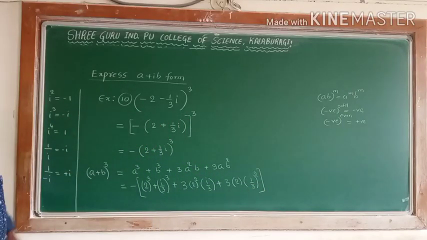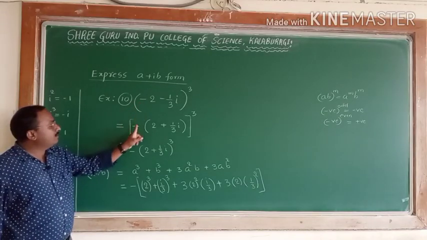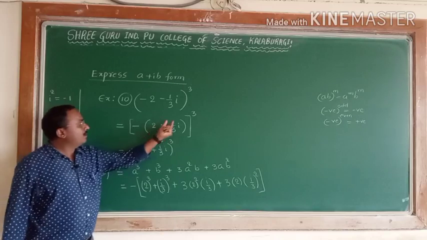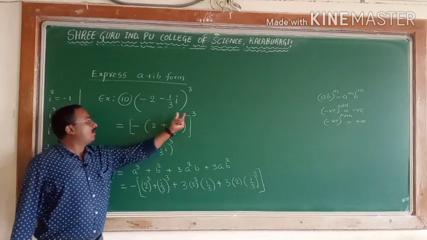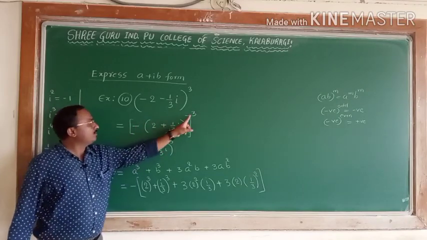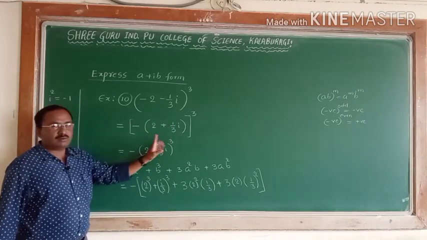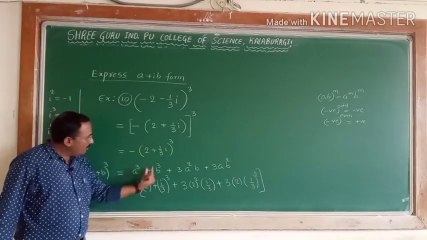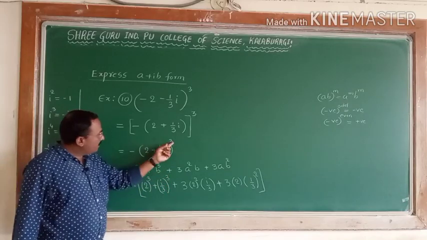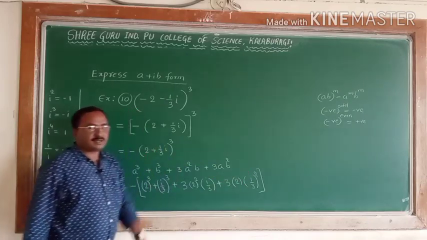This is the format of (a plus b) whole cube. That is, if minus is taken common, (ab) whole power n is a power n, b power n. Negative to the power odd, negative (2 plus 1 by 3 times i) whole cube as it is. This is the formula for (a plus b) whole cube: a cube, b cube, 3a square b plus 3ab square.